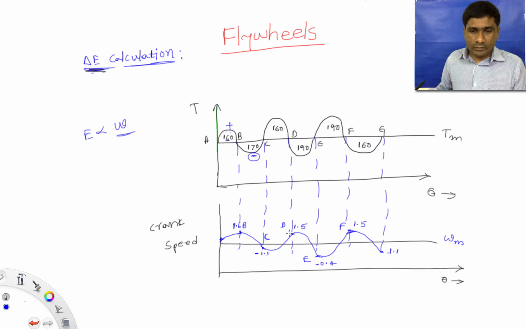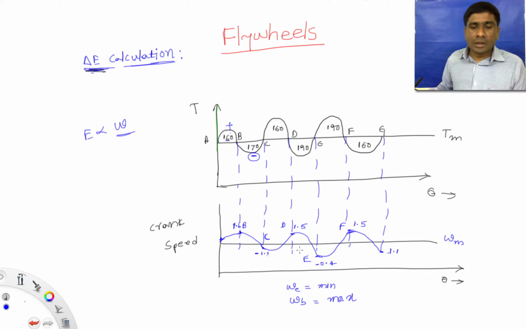So in the above diagram, omega E is the least or minimum angular velocity, and we have so many angular velocities above the omega mean, but the angular velocity at point B is 1.6. So we say that omega B is the maximum.